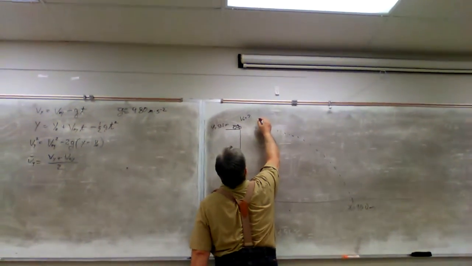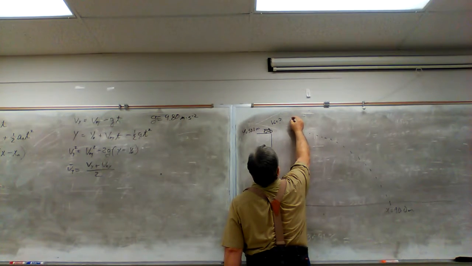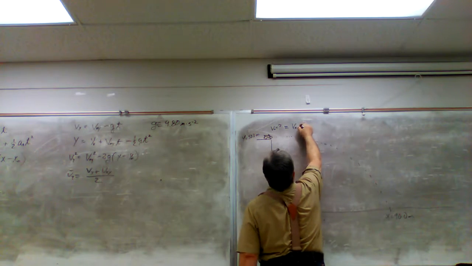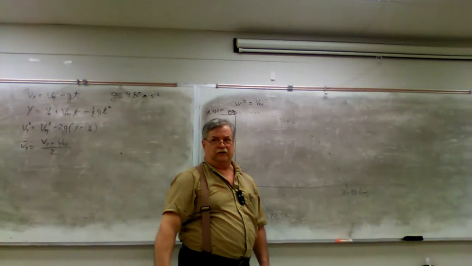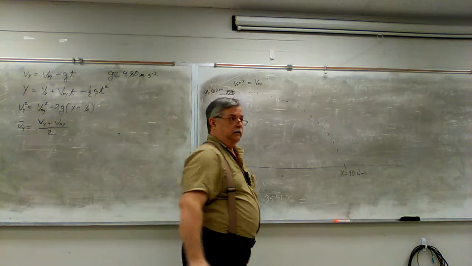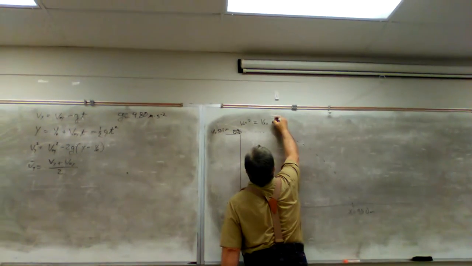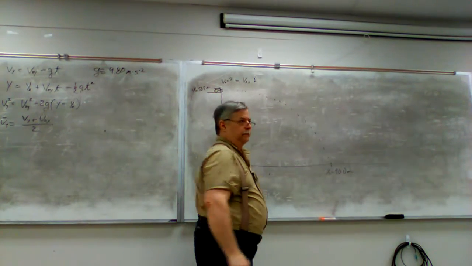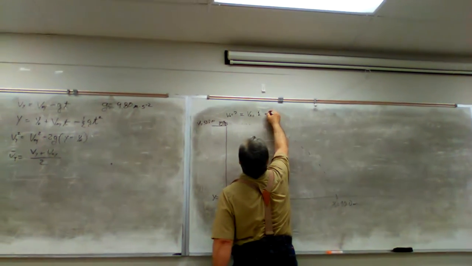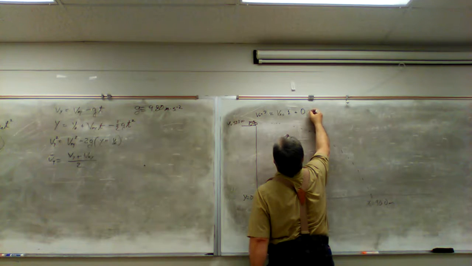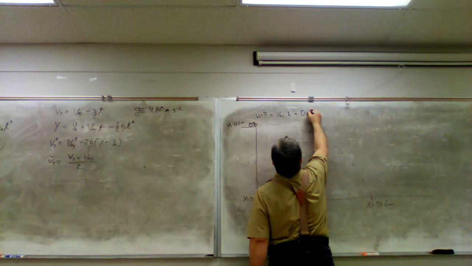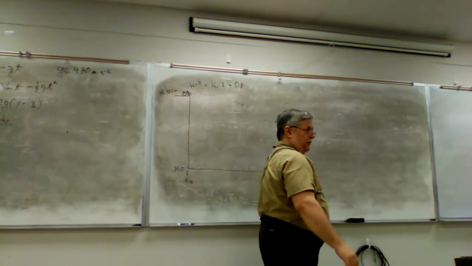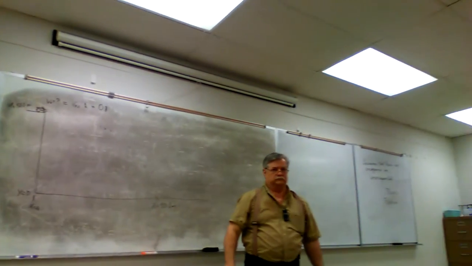That tells you that V sub naught is equal to some V sub x sub naught, some initial horizontal velocity, times i. Remember our unit vectors? And that it has no vertical initial velocity. So the initial velocity vector is all horizontal and nothing vertical.